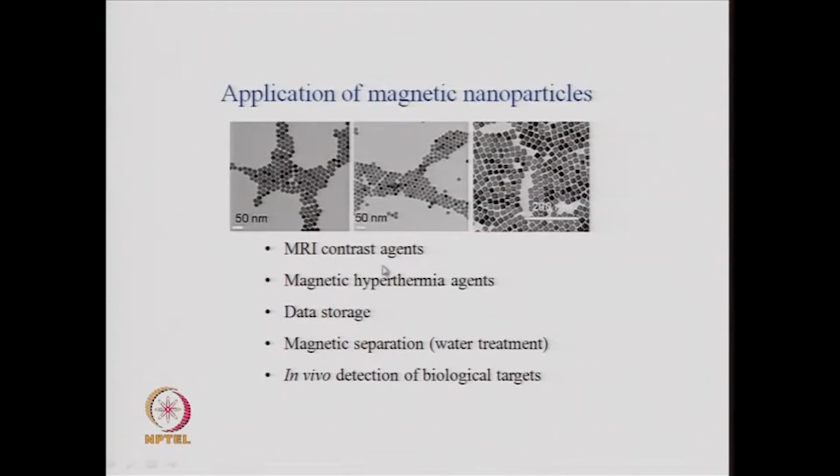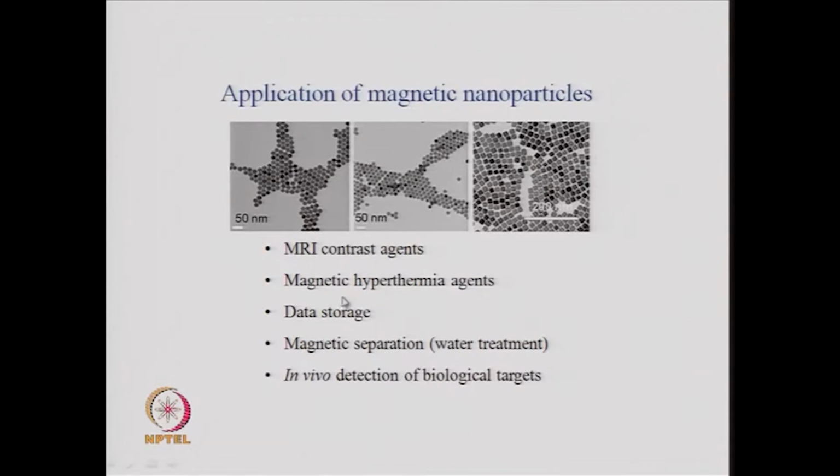So, MRI contrast agents help you see the part of the cell or body, the organ, in which you are interested. Suppose you want to see a tumor very well and you are going to use a medical imaging technique, your MRI contrast agent, if it goes to those tumor cells, then you can locate them much better. Okay. So, that is the use of MRI contrast agents.